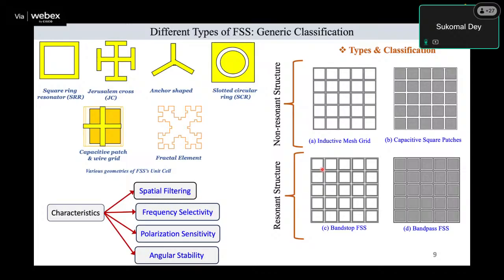Suppose you are working at 1 terahertz, and I am assuming your design is just a square ring. In the square ring, you can always calculate the inductor and precisely select the capacitor based on the gap between these two lines, so that you get an LC model. That LC will give you the resonance at 1 terahertz, and then you follow the same array throughout the structure.